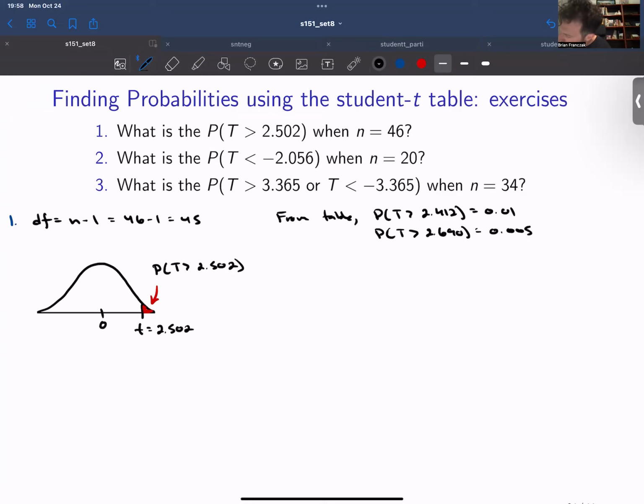Okay, so that means that the probability t is bigger than 2.502 is in between these two numbers. Okay, so therefore, 0.005 is less than the probability of interest, which is less than 0.01.